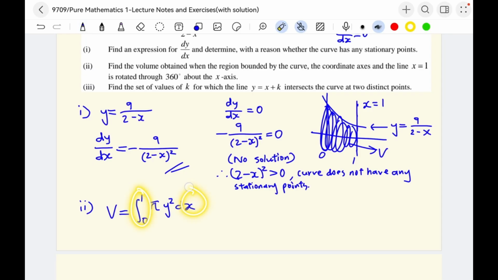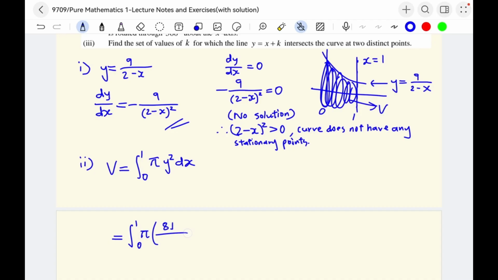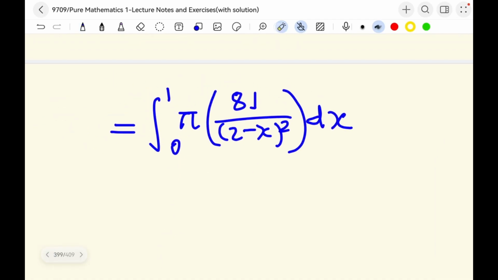The sum of the dx is the sum of the height of each disk, for certain limits. Okay, what is the y squared? Let's determine it first, which is (81 divided by (2x minus x) bracket) squared. Like this. Take it out, we find the volume.